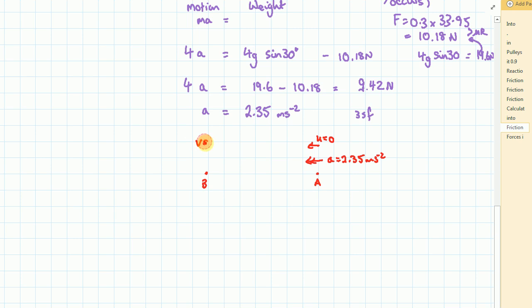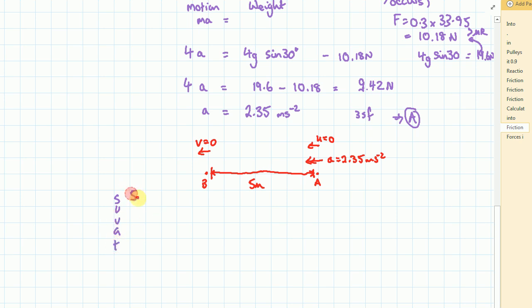We want to know the velocity at the end, and we know the distance between the two is 5 meters. Let's do a SUVAT. I've just stored that in memory A again.